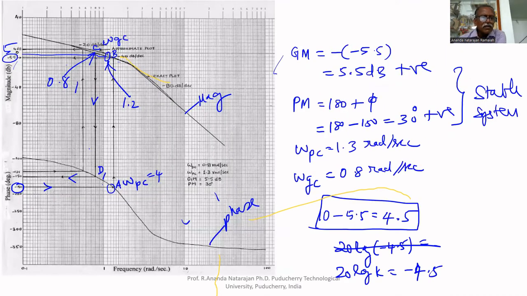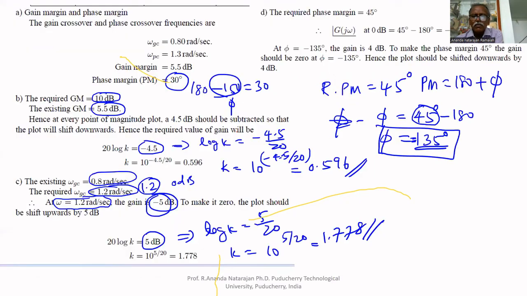If you see, at 135, it is 4 dB. This 4 dB must be 0.